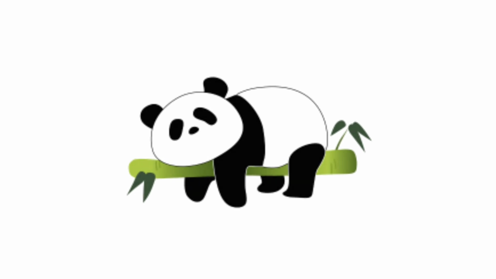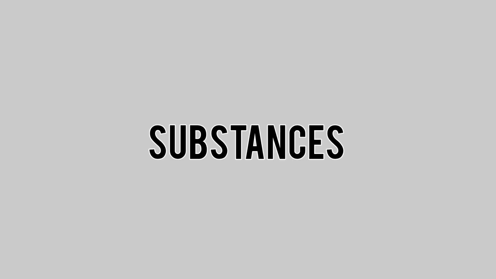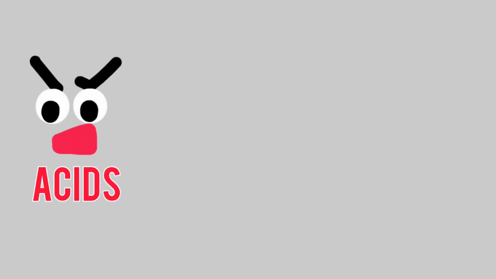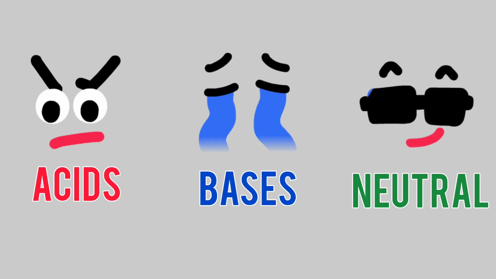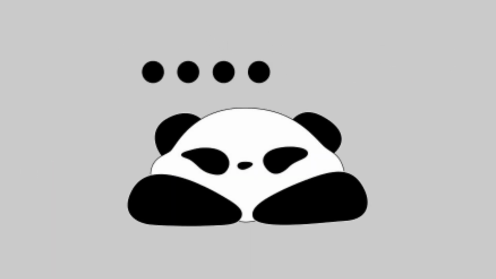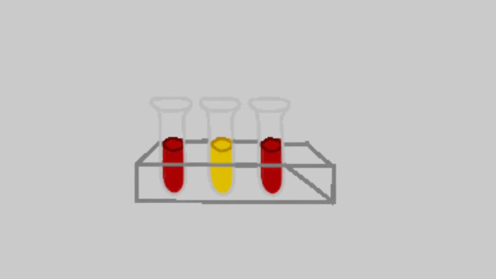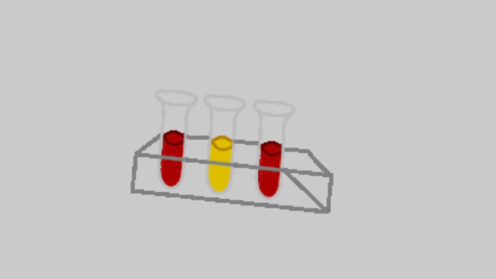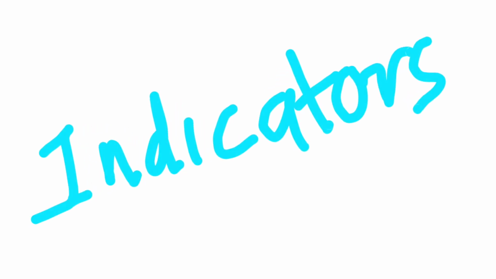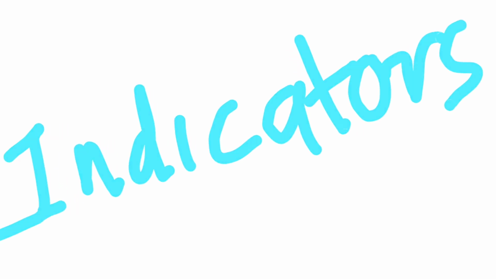As I stated earlier, the substances are divided into three main categories: acids, bases, and neutral substances. But how can we identify them? You can't always touch or taste the substance in order to test if it is an acid or a base. So we use indicators to test it.